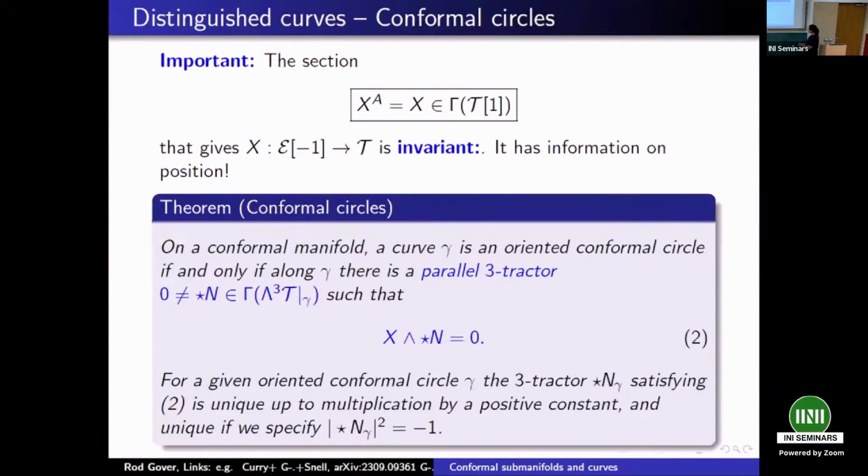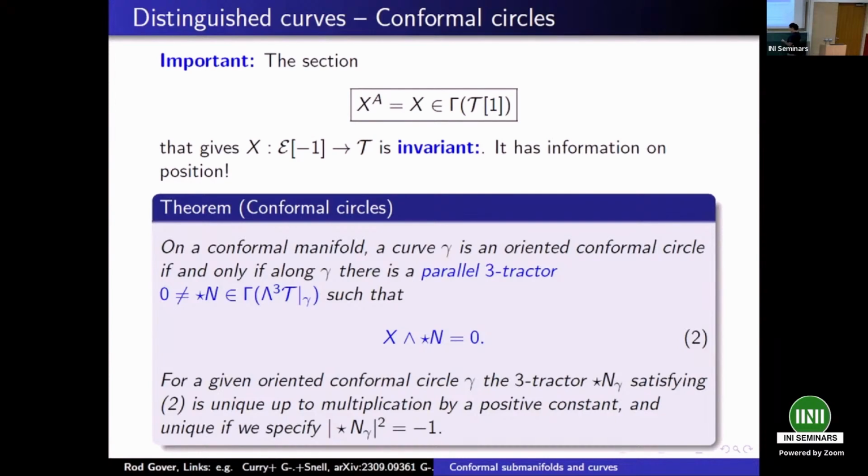From this point of view, it gives you the filtration of the tractor bundle, and it has information about your position on the manifold. I won't go into detail on that, but if you want to talk about it later, I can. Just bear in mind that that's a sort of canonical object.